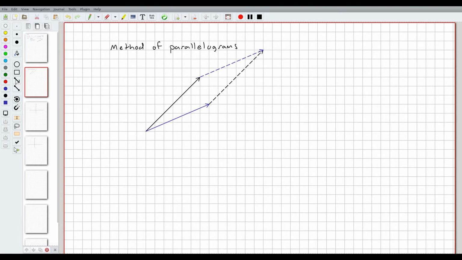So let's give these guys some names. I'm going to call this one A and this one V. Now, the way you would visualize adding these things together would be to simply cut the parallelogram in half along the long way.